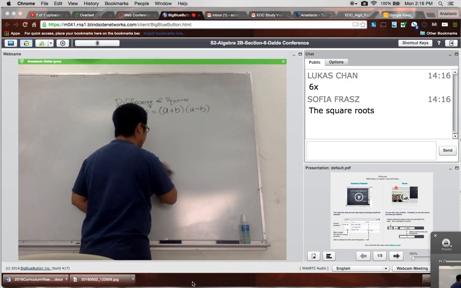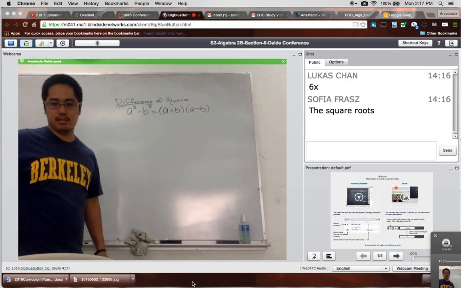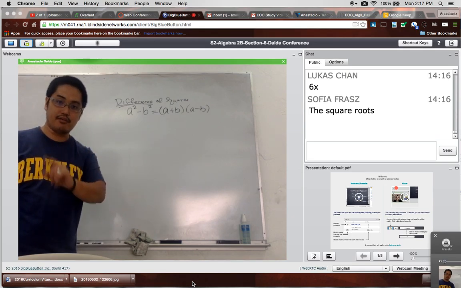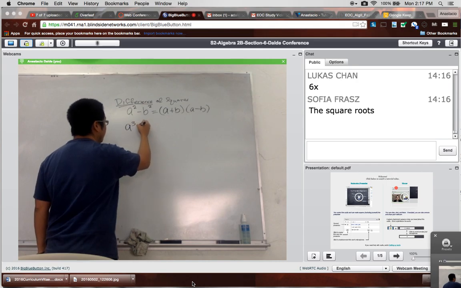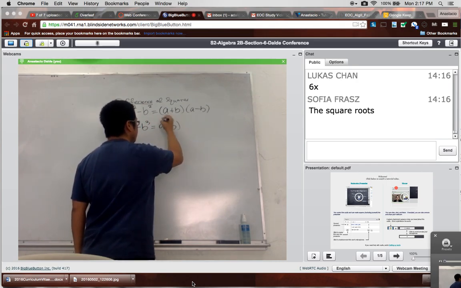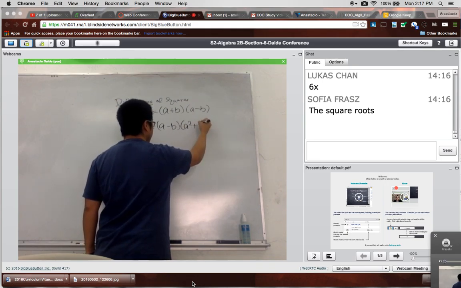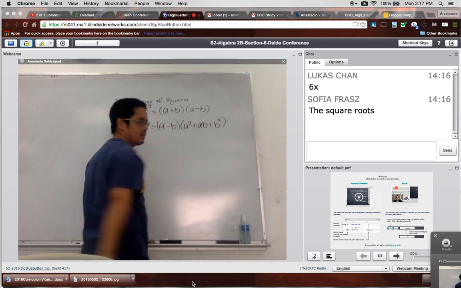Now, there is something called the difference of cubes and the sum of cubes. And that's a little bit different. A cubed minus b cubed is a minus b times a squared plus ab plus b squared. I think that's the end.